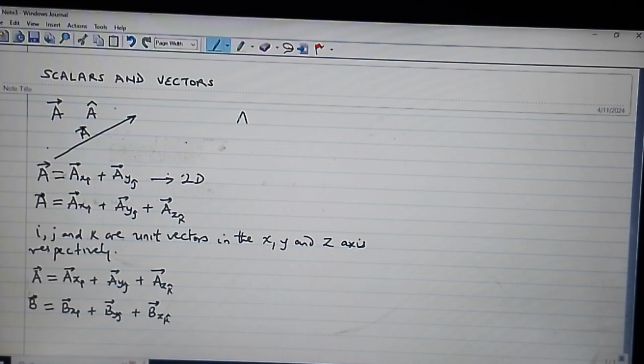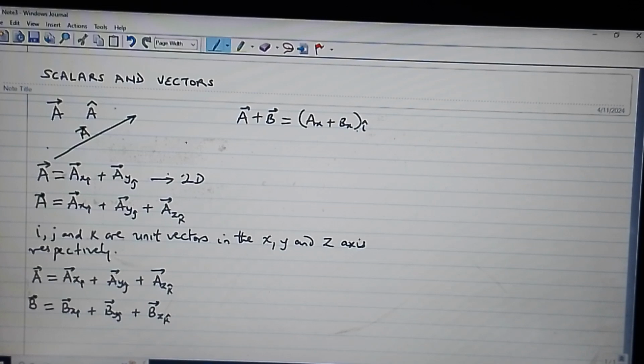I say A plus B will be equal to, I open a bracket, add only those in the x direction. A_x is in the x axis, B_x is in the x axis. So you add only those two vectors along the x axis. So you have A_x plus B_x. Close the bracket. i.